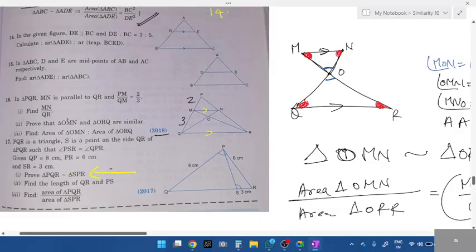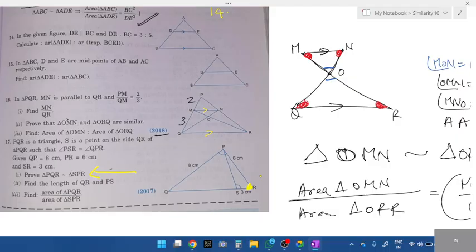Tell me which letter is repeated. P. What about R? If you split the diagram, check P and R. Angle R will be common, right? P is not common; P is split into two.